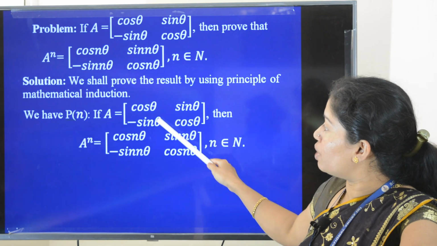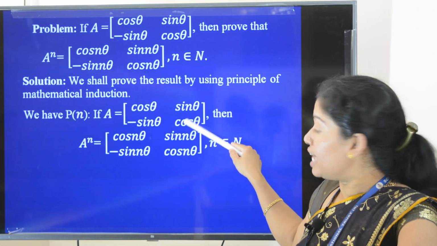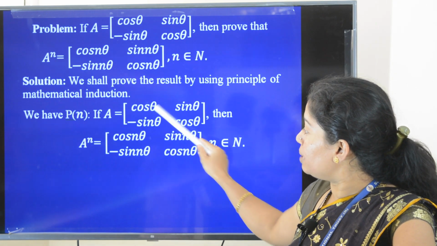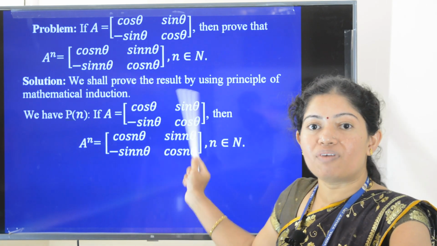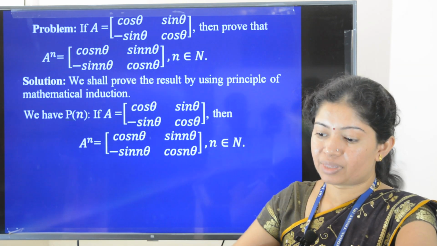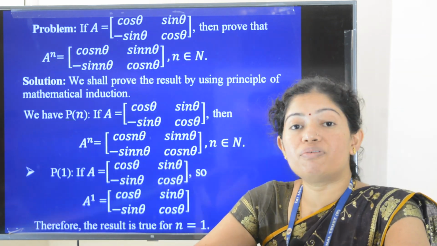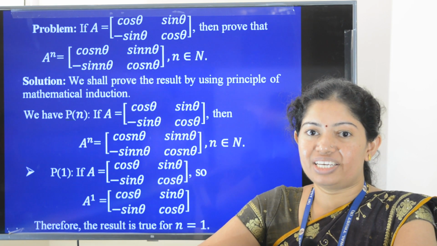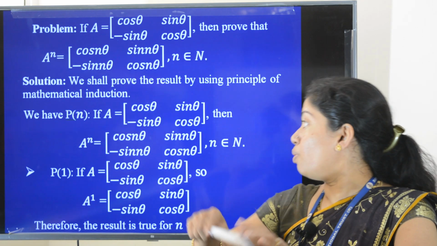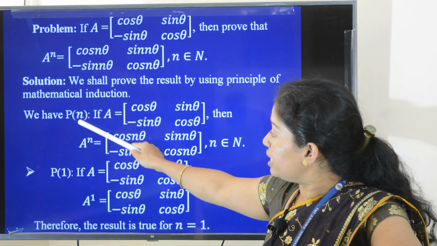So let us take the statement of the given problem, that is P of n: if A is equal to this matrix, then A to the power n is equal to, you need to multiply the angles of all the trigonometric functions by this n. So first step of our mathematical induction is we have to consider n is equal to 1. So you take here n as 1.